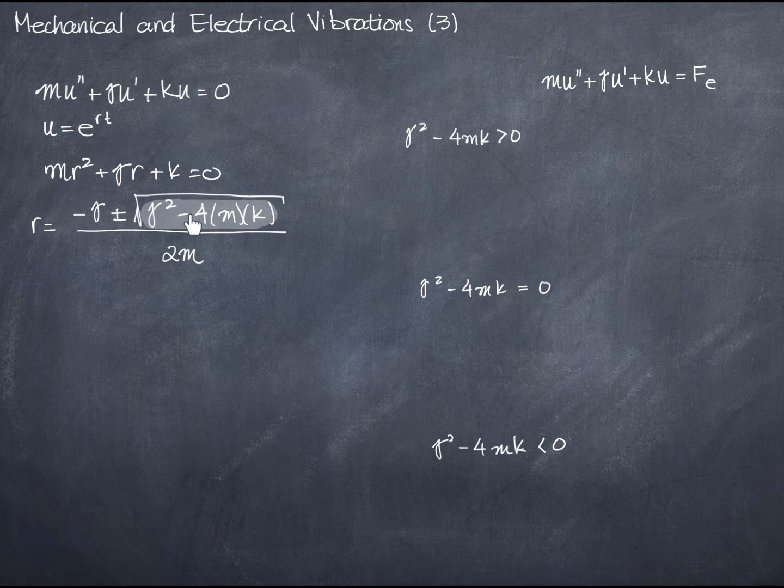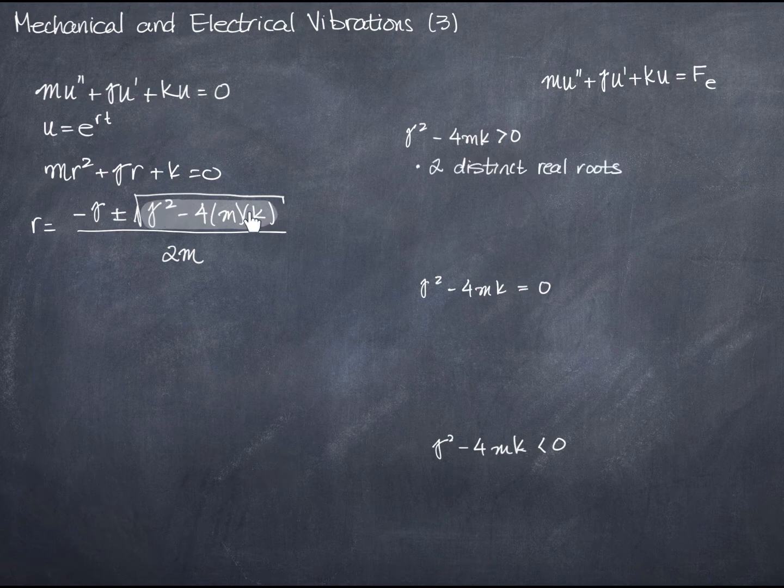If the discriminant, just the thing underneath the square root here, is positive, then we're going to have some number plus the result of this over 2m, and some number minus the result of this computation over 2m. So we're going to have two distinct real roots.